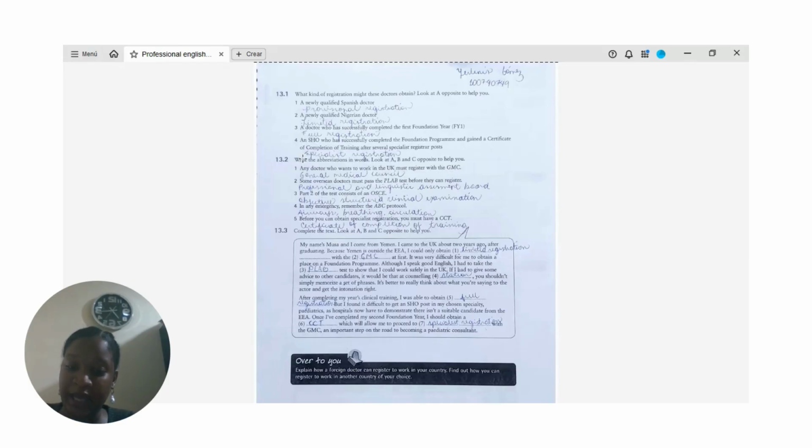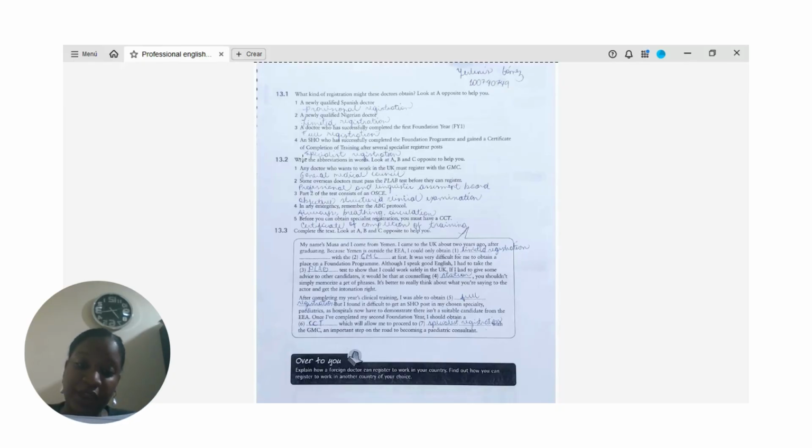My name is Mosa, and I come from Yemen. I came to the UK about 2 years ago after graduating, because Yemen is outside of the EEA. I got limited registration with the GMC. At first, it was very difficult for me to obtain a place on a foundation program. Otherwise, with good English, I had to take the PLAB.